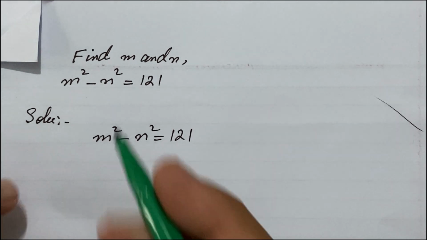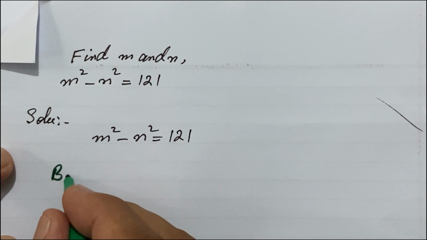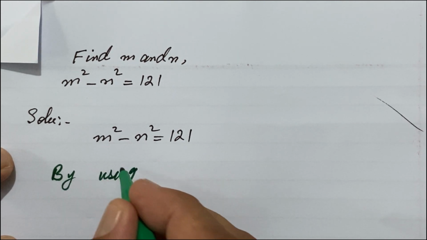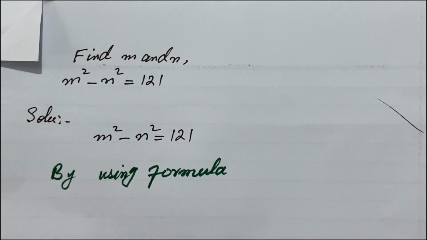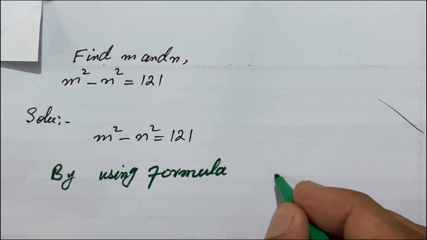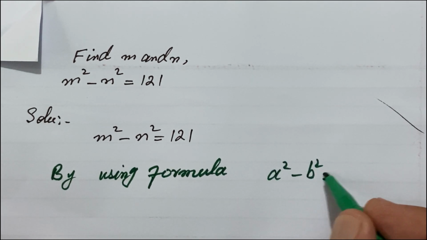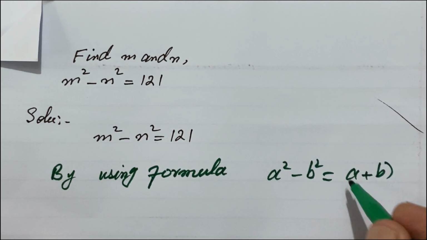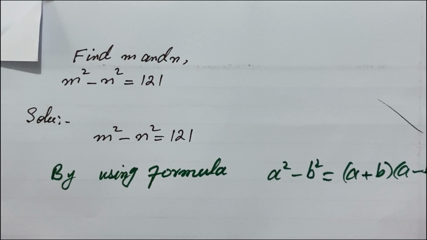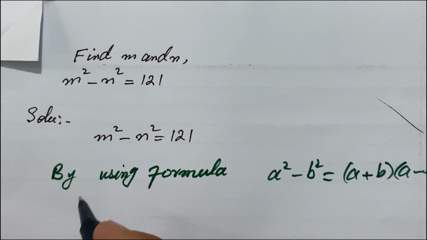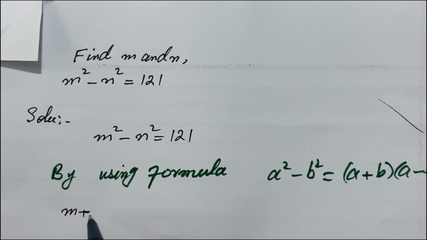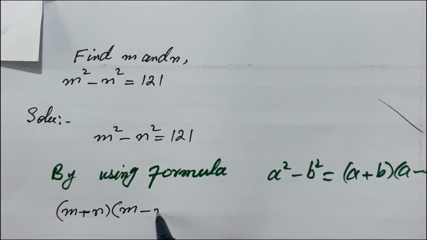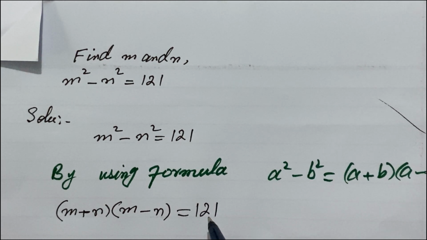By using the formula a square minus b square is equal to a plus b times a minus b, now (m plus n)(m minus n) is equal to 121.